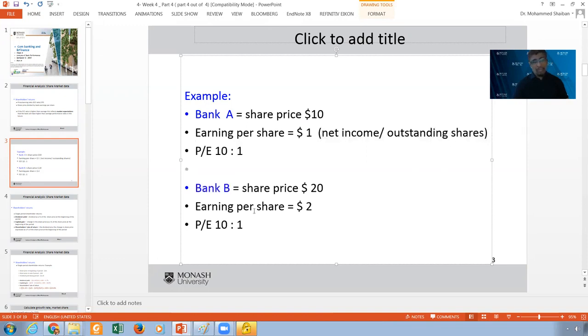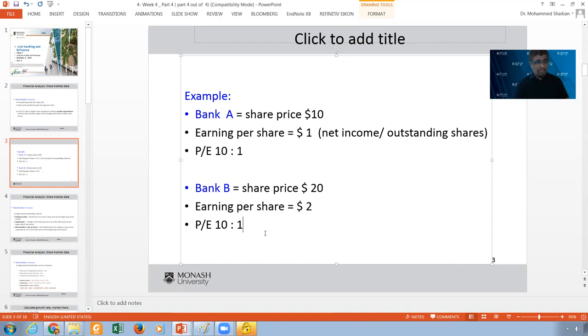Bank B is the same thing from the perspective of the investors, because the share price is 20, and they are making $2 per share. So you still look at it as 10 to 1, or 20 to 2. So we say 10 to 1.